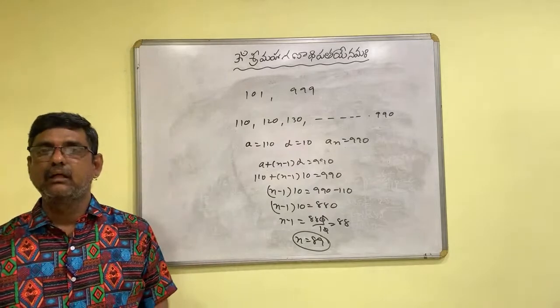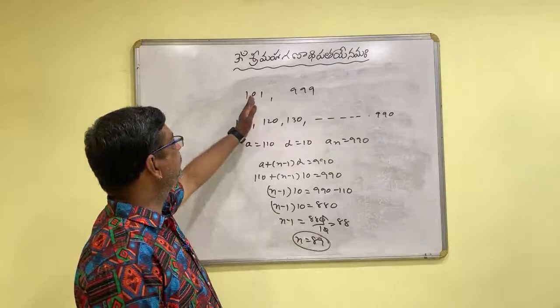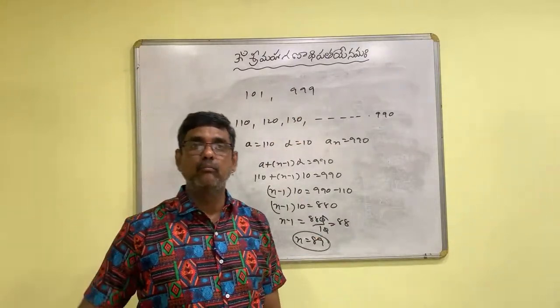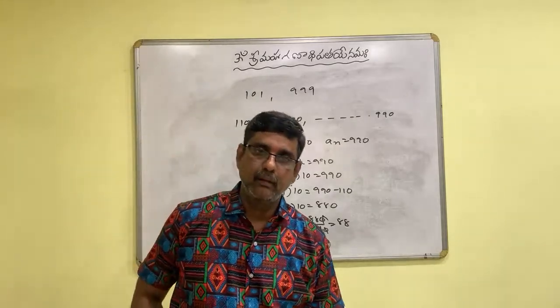That means there are 89 terms between 101 and 999 which are divisible by both 2 and 5. Understand, children?